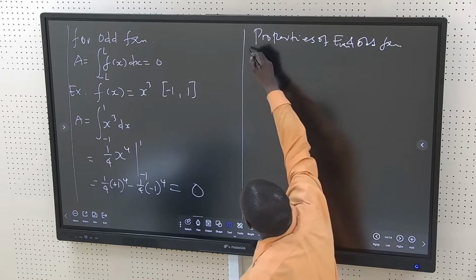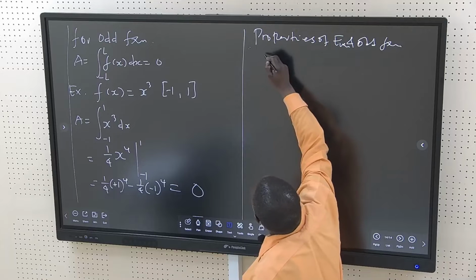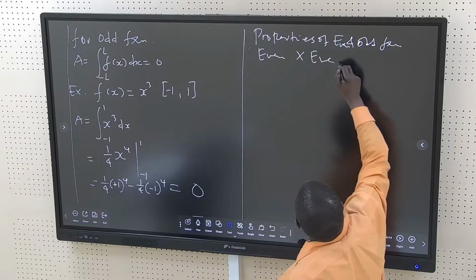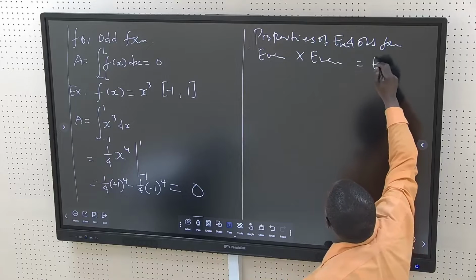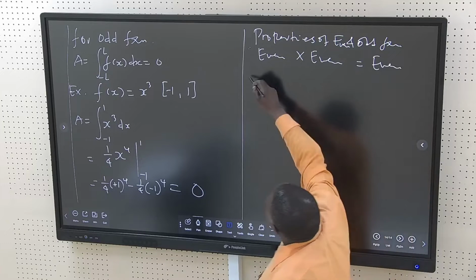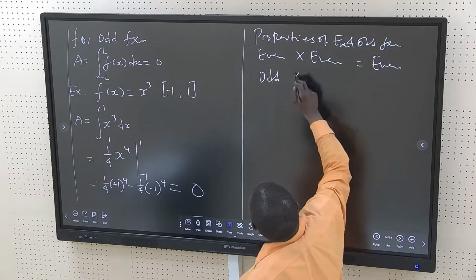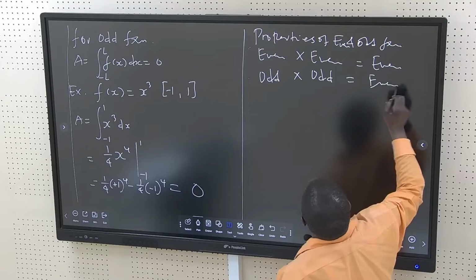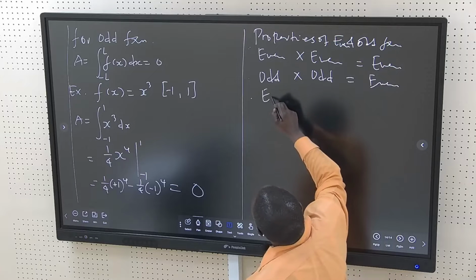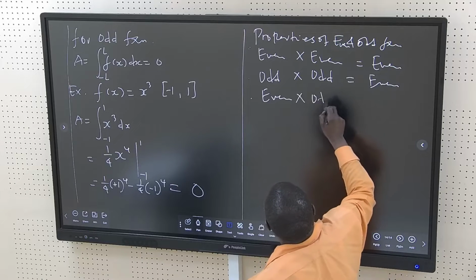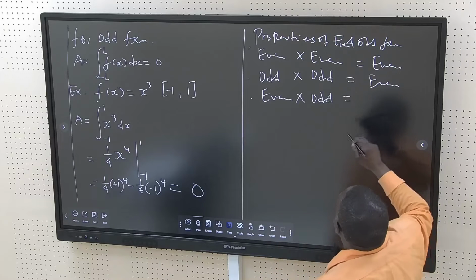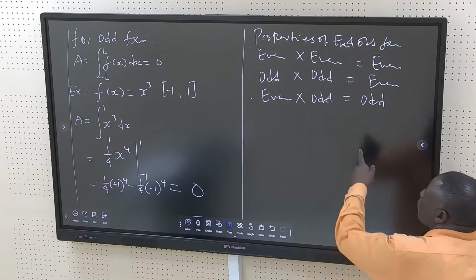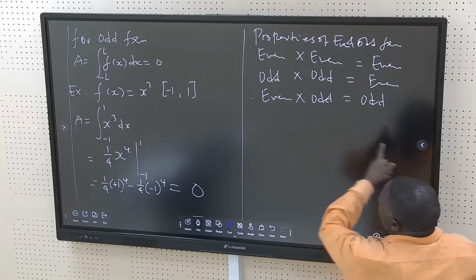We said the first one: when you take an even function multiplied by an even function, you get an even function. When you take an odd function multiplied by an odd function, you get even. When you take an even multiplied by an odd, or odd multiplied by even, you get an odd function.